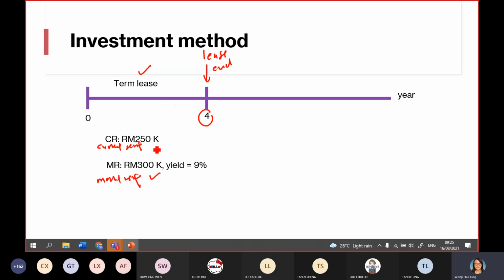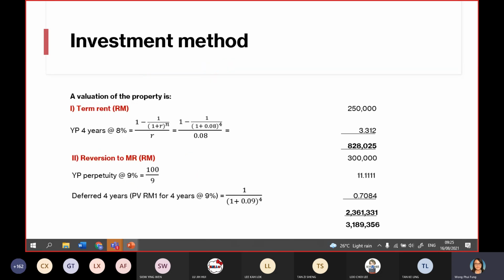The owner needs to follow the rental stated in the lease contract. So although the market rental is 300,000, because it is still under the lease contract, they have to pay 250,000 instead of 300,000. And the yield here is 9%. So for this part, because it's still under the leasing, when you value the property, you have to divide into two parts.